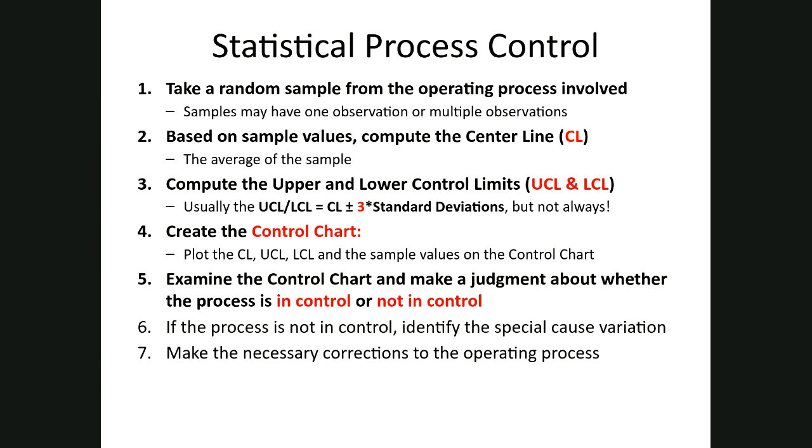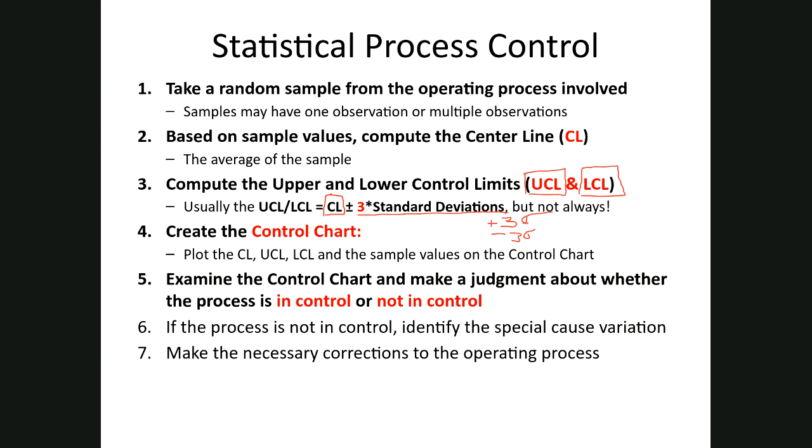Then next, we're going to compute values called the upper control limit, or UCL, and the lower control limit, or LCL. Almost always, these are calculated by determining the center line, which is the average of the sample, and then the upper control limit is plus 3 standard deviations above the mean, and the lower control limit is minus 3 standard deviations below that mean.